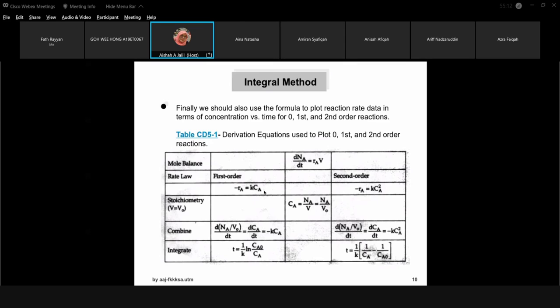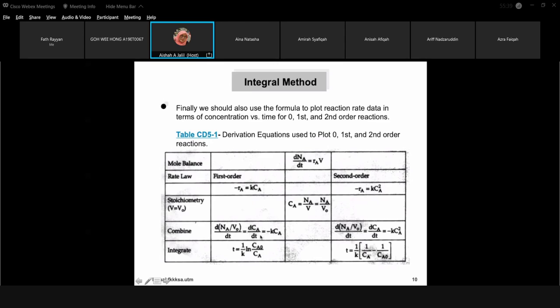See the table. If first order, use this one. Second order, use this one. This is the overall mole balance equation for batch. Then you know about this.